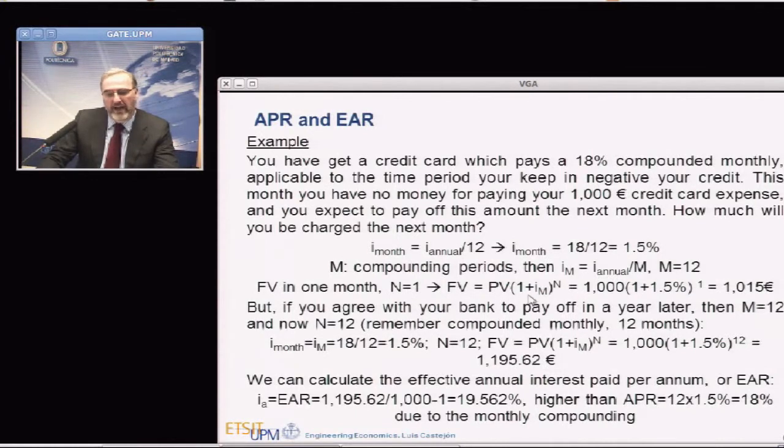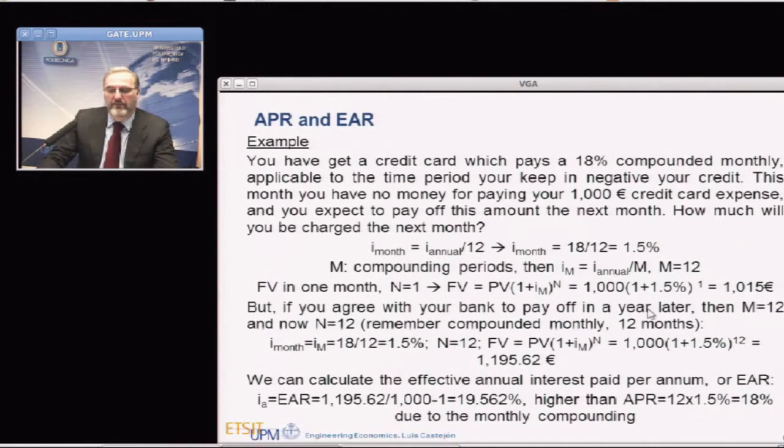It is the present value times (1 plus the nominal rate I_M) to the nth power, in this case n equal to 1. So at the end of next month you will be charged 1,015 euros.